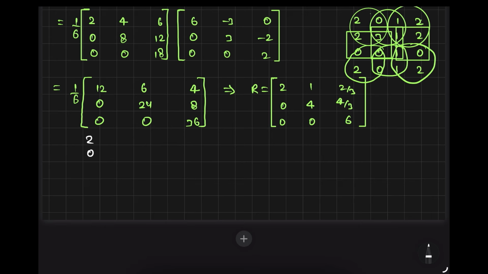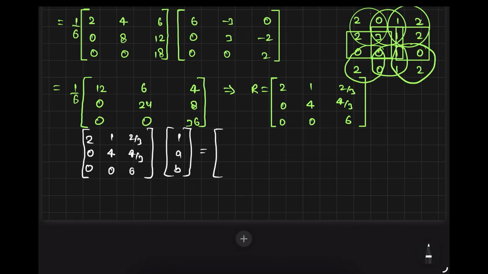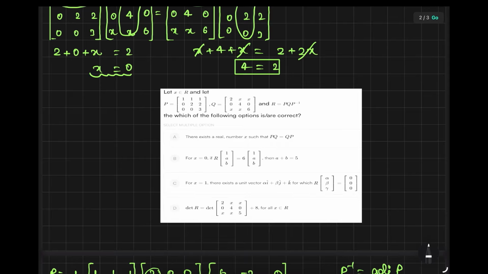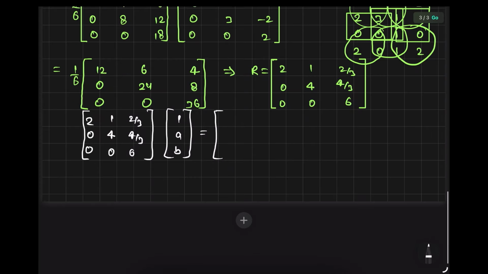So [2 0 0; 1 4 0; 2/3 4/3 6], you have to multiply this with [1 A B], and then you will get 6 times [1 A B]. Okay, so can I go with 6, 6A, 6B?